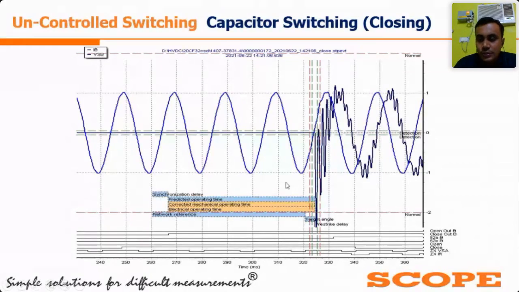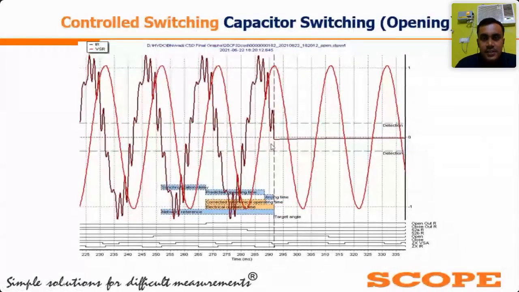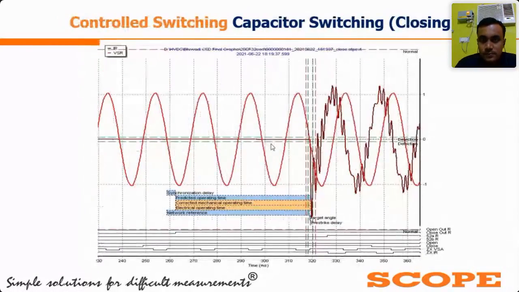To overcome this, after fine tuning, we have achieved this one. It is a closing graph which we have obtained at the exact voltage zero position, and this value has been greatly reduced.